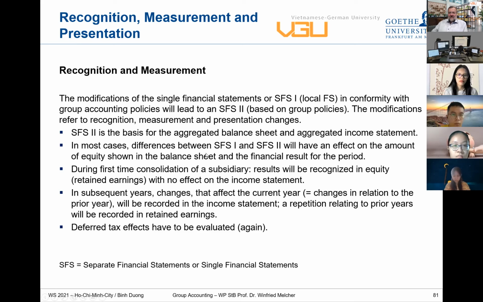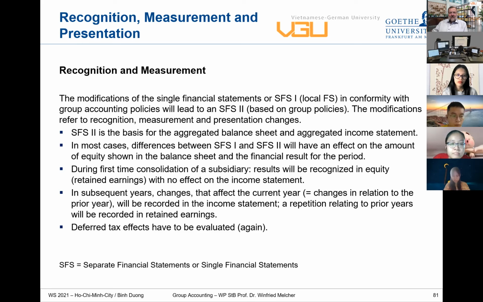In most cases, differences between SFS1 and SFS2 will have an effect on the amount of equity shown in the balance sheet and the financial result for the period. So if you follow the group policies, you might show an income or a loss, so a profit or a loss, when transferring from the local financial statements to the package.